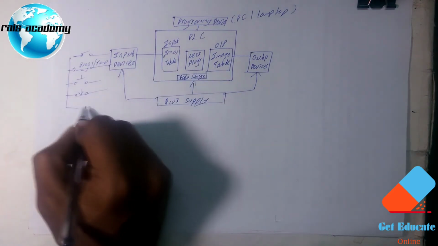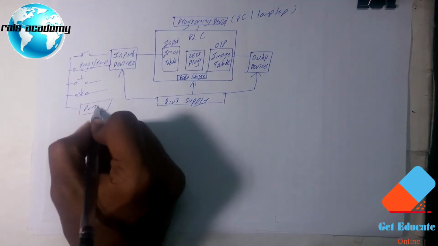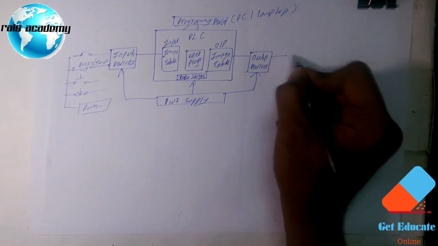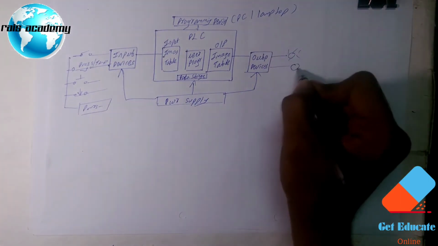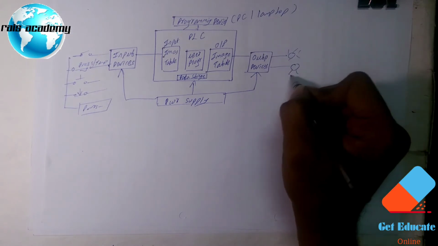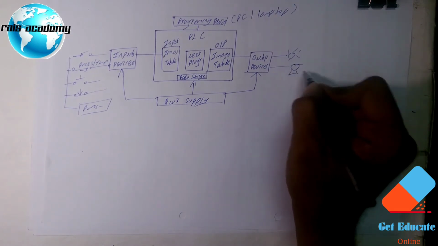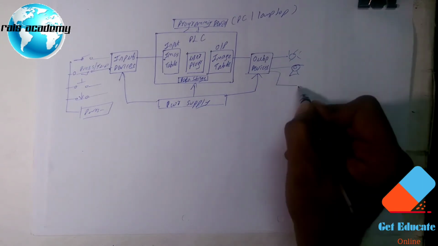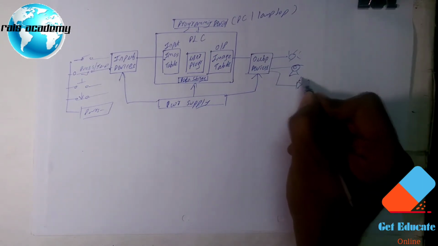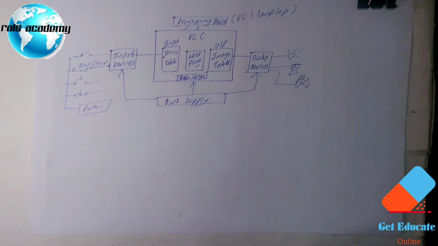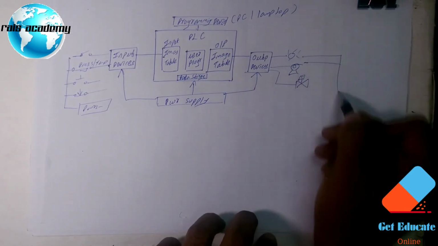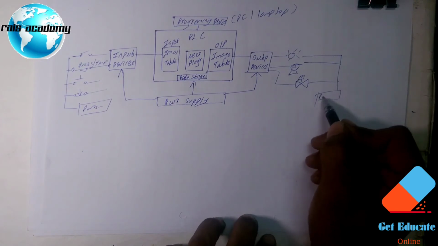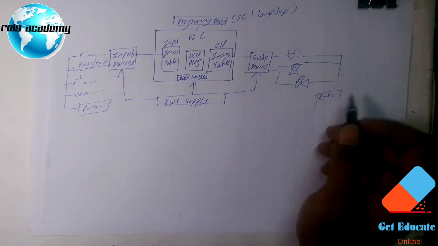And this is connected to power supply. Output devices may be lamp, or pump, or a solenoid valve, anything. And these are all connected again to a power supply.